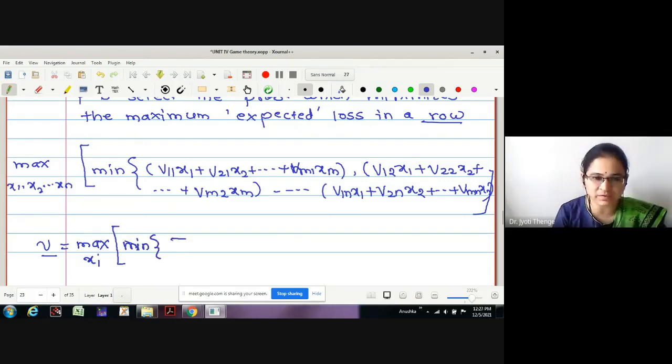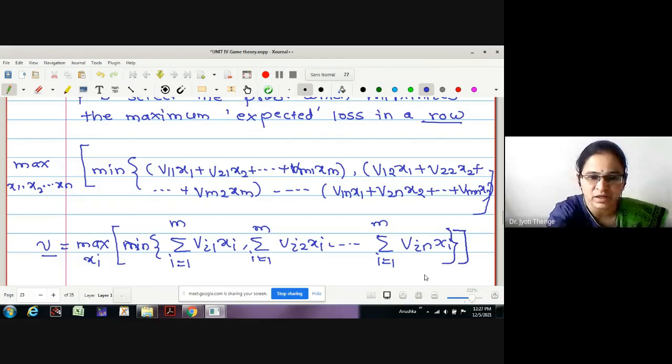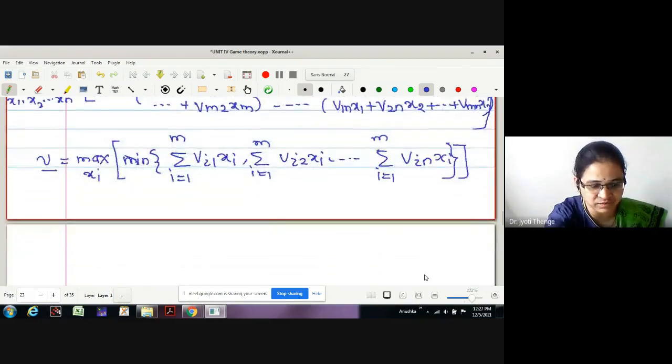First term, let me write with respect to summation: summation i equals 1 to m, vi1 xi. Second, summation i equals 1 to m, vi2 xi, and continue. Last is summation i equals 1 to m, vin into xi. Is that fine? This is max min value.